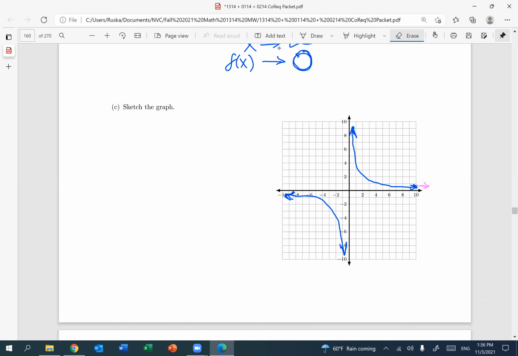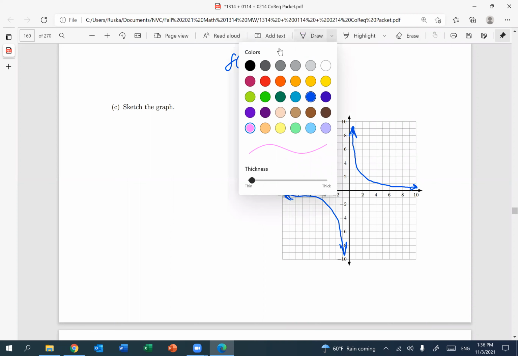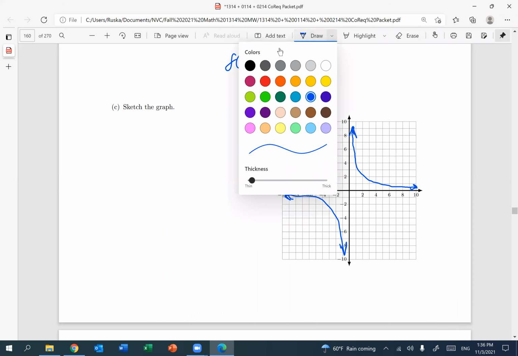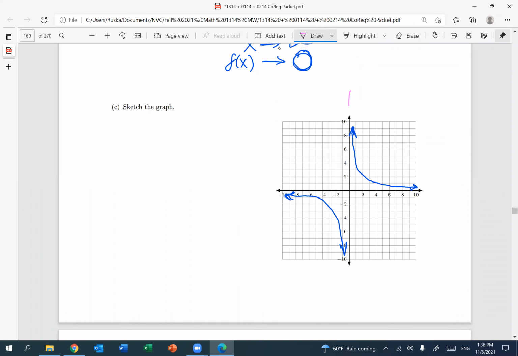So this is the graph of 1 over x. Okay, so all the rational functions, the fractions, are going to have a line like this, which is called a vertical asymptote. So the y-axis here is an asymptote.